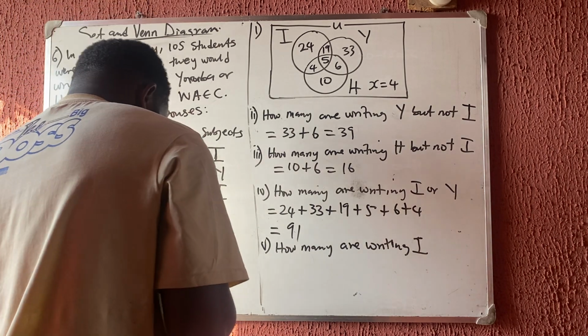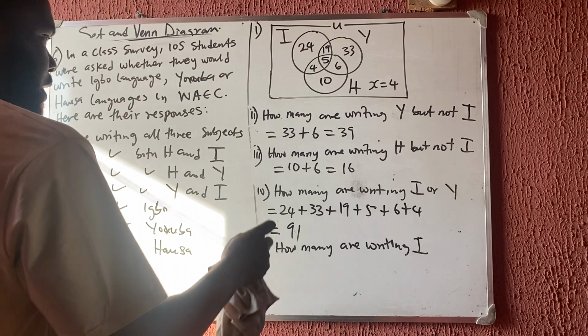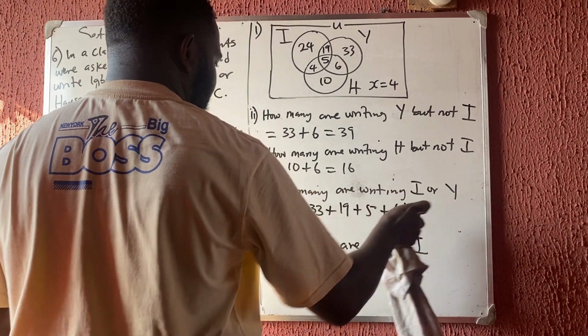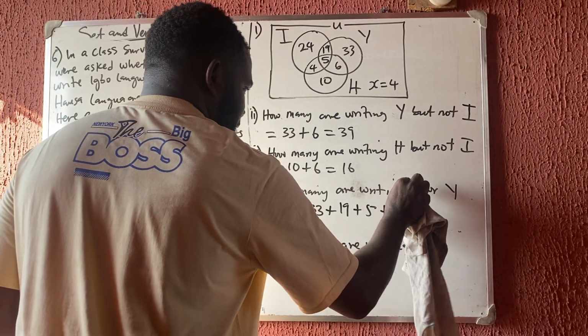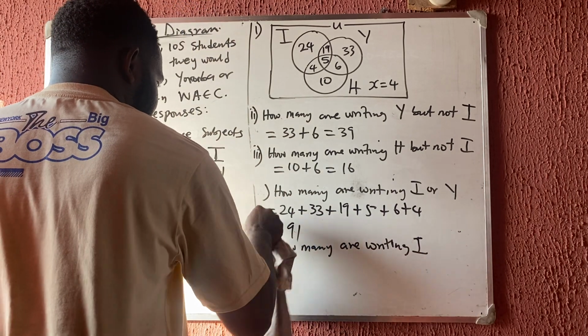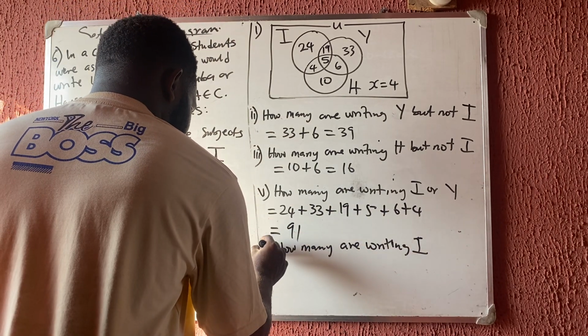Sorry, there is a difference between this one. This one said how many are writing Igbo or Yoruba. I changed it. This one is for V, please. This is V, and this is IV.